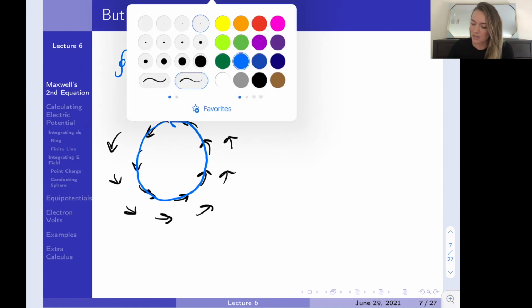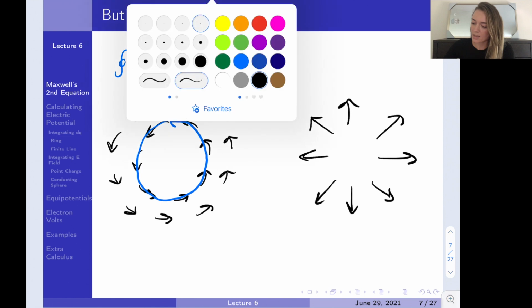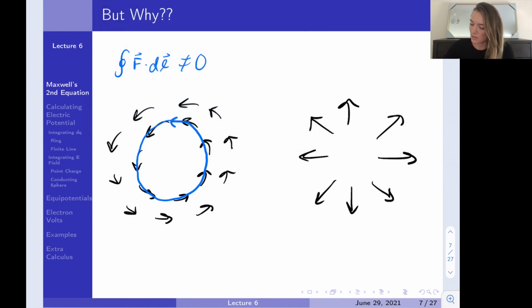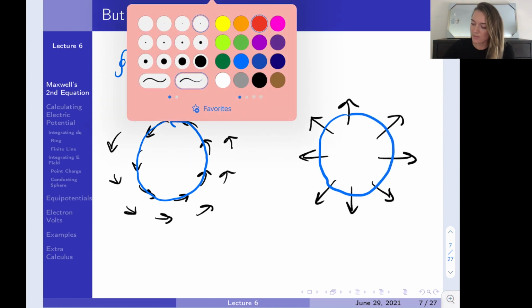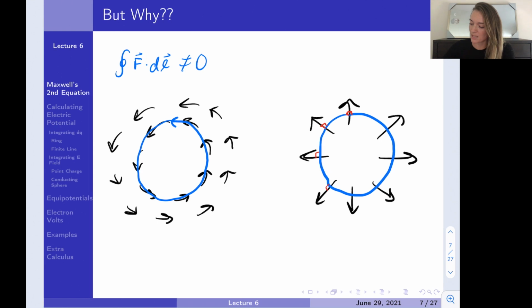Now let's see for the electric field something like this where I have no curl. So if I have no curl and I do a line integral around here, well, now you can see that at every single point where my line integral crosses over one of my vectors from my vector field, they're perpendicular, right?